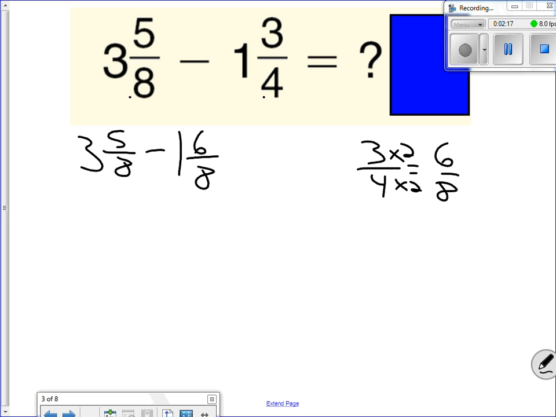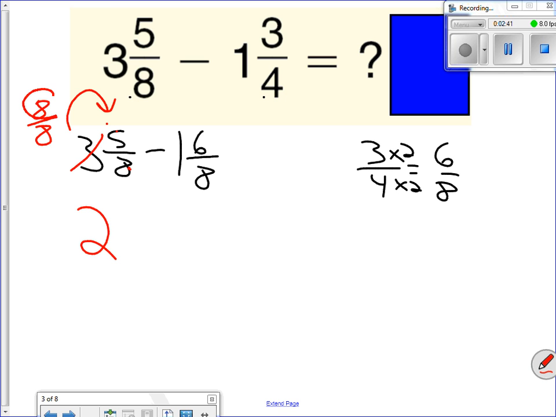Now the third thing that we have to check is, is the numerator on the left larger than the numerator on the right? Sure enough, it's not. So that means we have to borrow. So we're going to cross off this 3 and make it a 2. We're going to be putting one of these whole numbers into the 5 here. Remember, each one of these is worth 8/8 right now because that's what my denominator is.